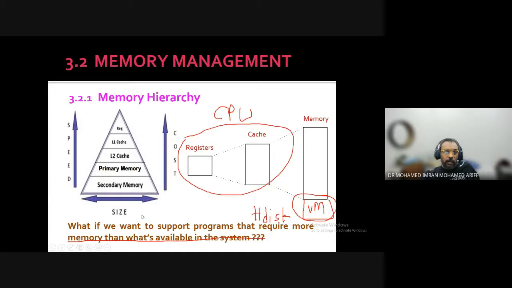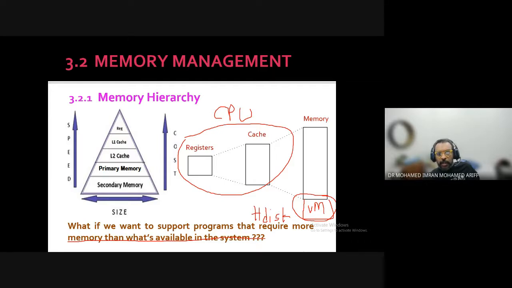So now, what is virtual memory? Certain times your memory is full. When your memory is full, the computer system needs more space, so it will automatically take some part of the hard disk and make it inside a memory, and change it into a RAM.